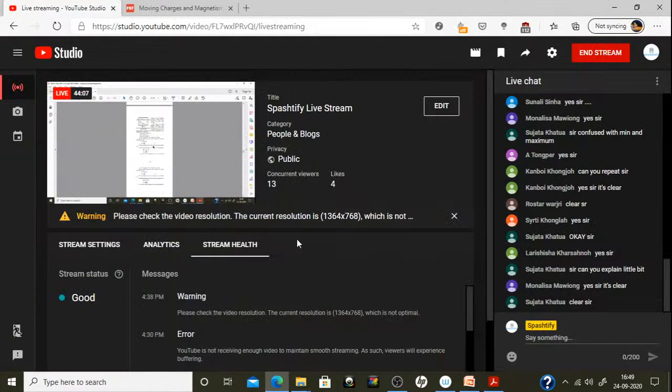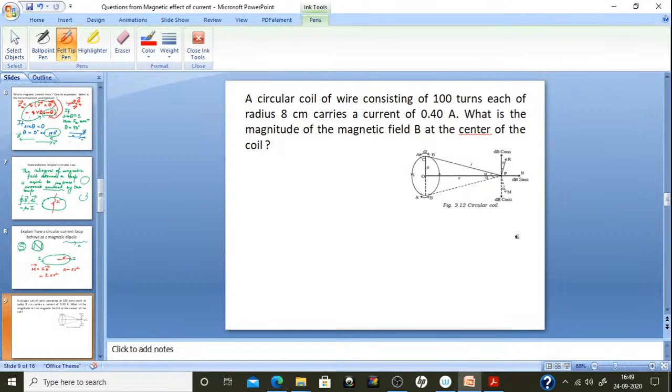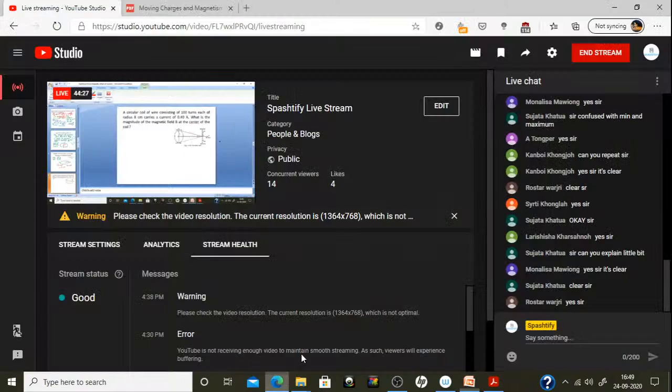Yes, do you have the notes with you, that one that I just showed, this one? Do you have the notes for this? I think I have given that if I have a current I flowing through this wire, then magnetic field B at point P is how much? Do you have those notes with you?